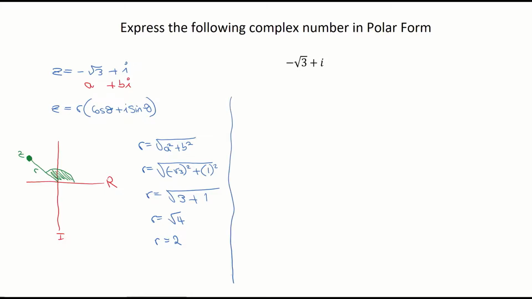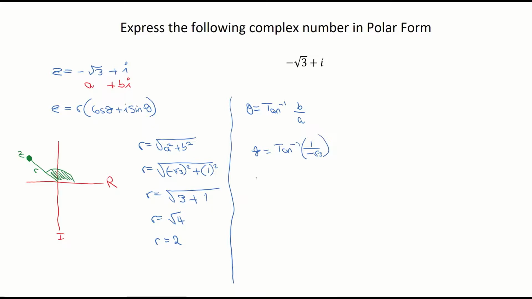I'm now going to go off and find my angle, my argument, which is found by finding the tan inverse of b over a, which is also the same as y over x, depending on the letters you're using, but let's stick with b and a for this one. So filling that in, I get theta is equal to tan inverse of 1 over negative root 3.